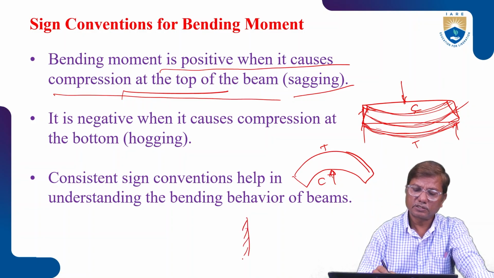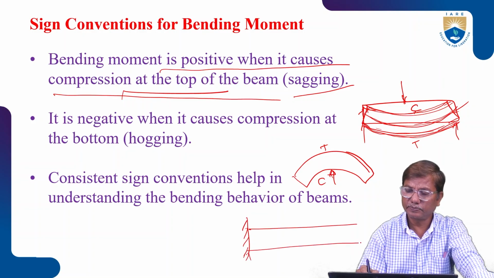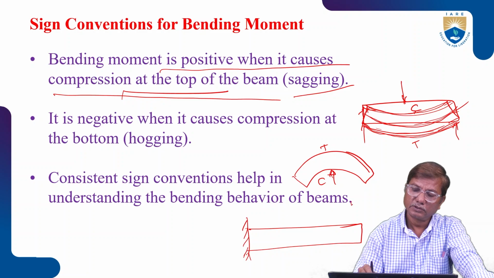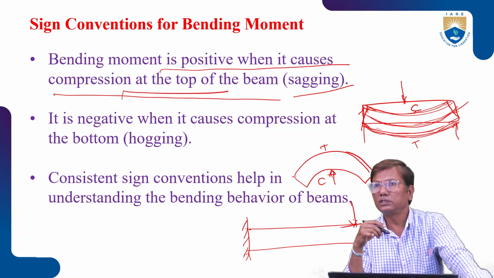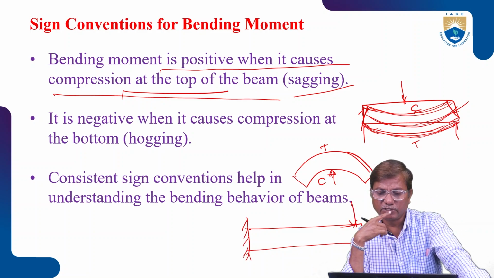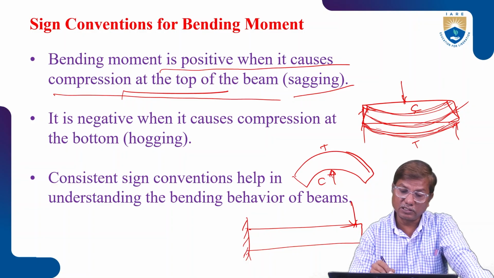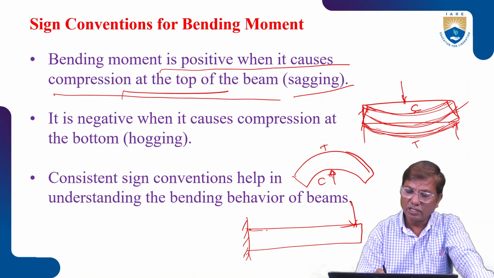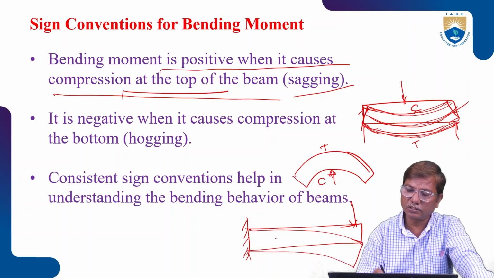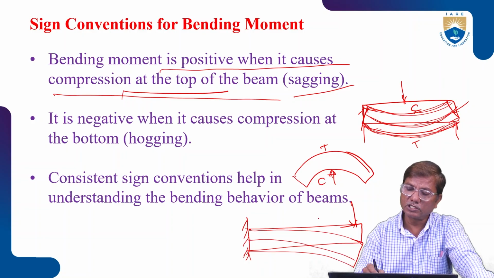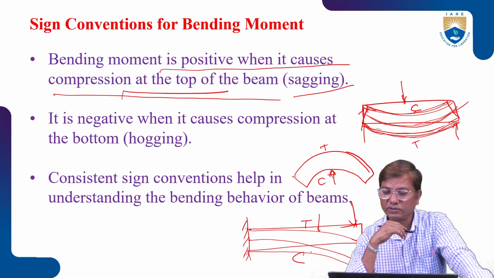We come across this in case of cantilevers directly. A cantilever is a beam which is fixed at one end and free at the other end. So under the action of transverse loads, the beam bends downwards like this, causing tension in the top fibers and compression in the bottom fibers.